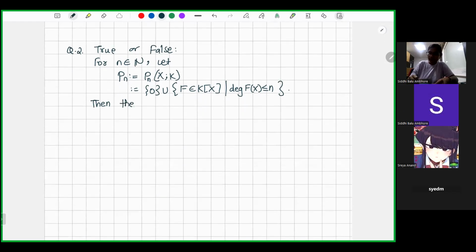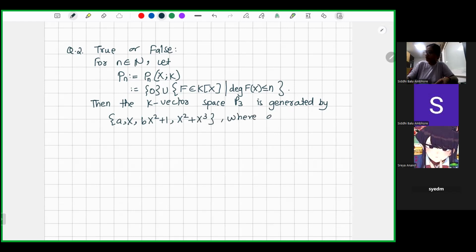Then the K vector space P3 is generated by a x, b x square plus 1, x square plus x cube, where a and b are fixed non-zero elements of K.